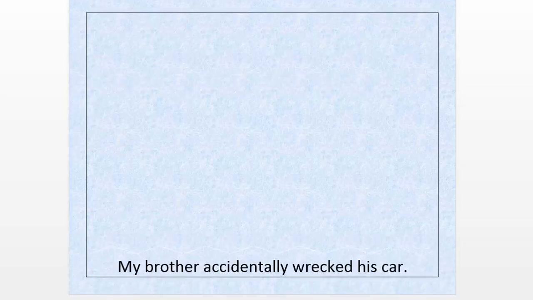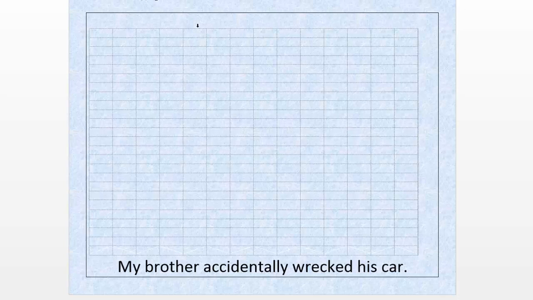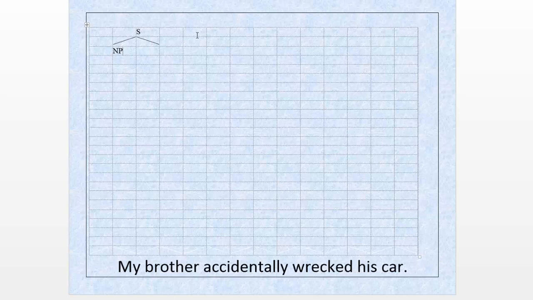Let's take an example. Take a look. So my brother accidentally wrecked his car. All right, so let's draw the tree structure for that one. My brother. Okay, so we have a sentence. It consists of a subject, which is my brother, and a predicate, which is wrecked.